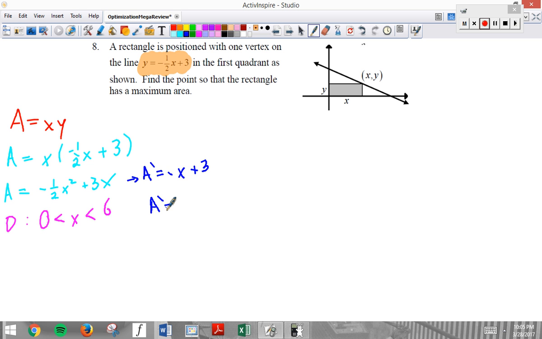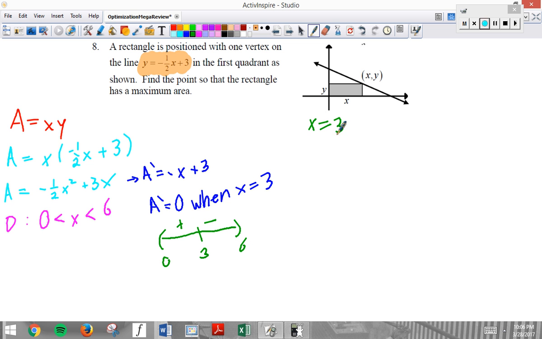A prime equals 0 when x equals 3, between 0 and 6. 3's cozied in halfway between, and a positive and a negative. Maximized at 3. Pretty much like we wanted.